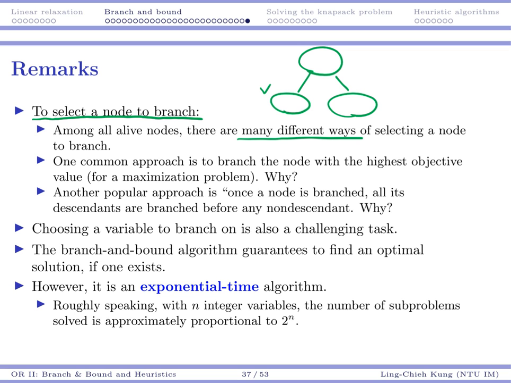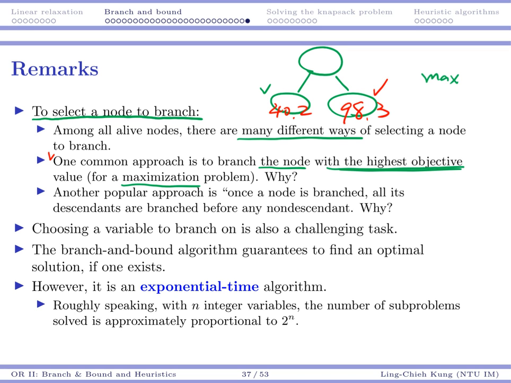So one common approach is to branch the node with the highest objective value. And we are talking about a maximization problem. So why is that? Let's say here we have two subproblems, and both are fractional. Suppose the value is 40.2 for one and 98.3 for the other. Then obviously, with this rule we will solve the second one before the first one.